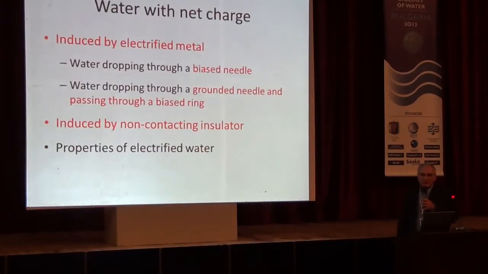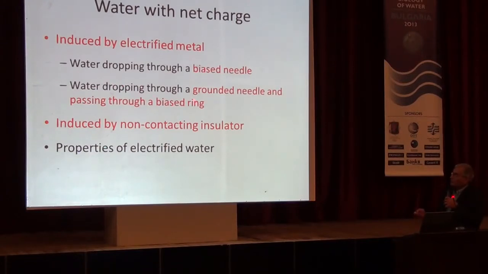So, I will now describe the work we did to obtain water with net charge in different ways. Induced by electrified metal, either dropping through a biased needle or dropping through a grounded needle but passing through a biased ring.